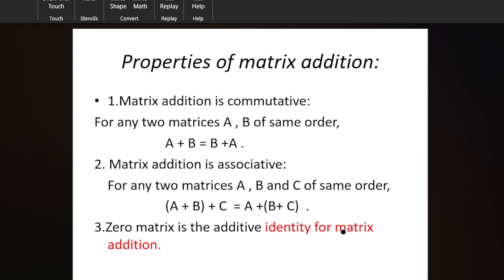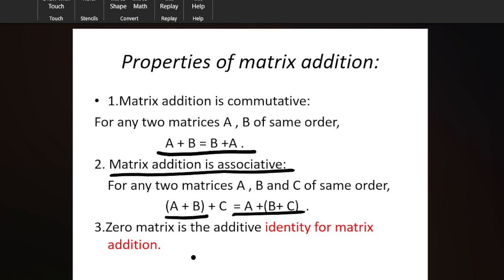Now, properties of matrices. We can see here matrix addition: A plus B equals B plus A. And matrix addition is also associative: A plus B plus C equals A plus B plus C. Now here, one important thing is that the zero matrix is the additive identity for matrix addition.